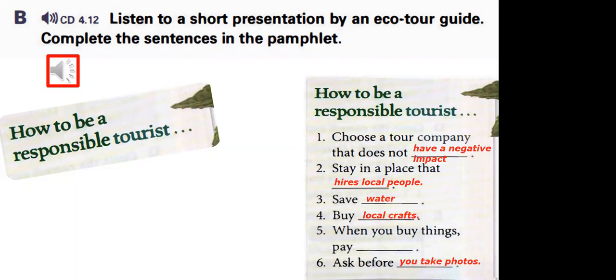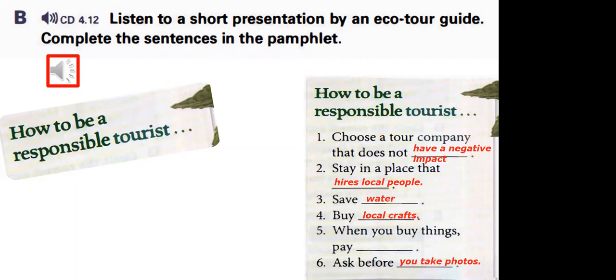It's important to choose a tour company that doesn't have a negative impact on the environment. Also, by staying here, you are helping the local community, which is dependent on tourism. You should choose a place to stay that hires only local people. Every member of staff that we employ lives locally.